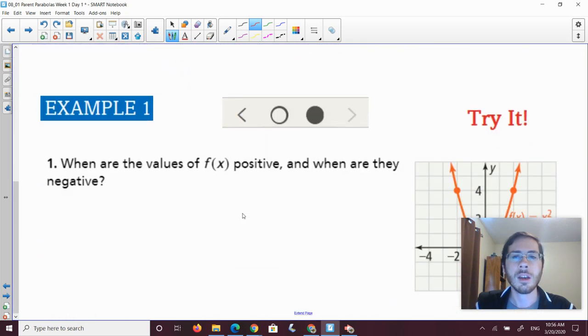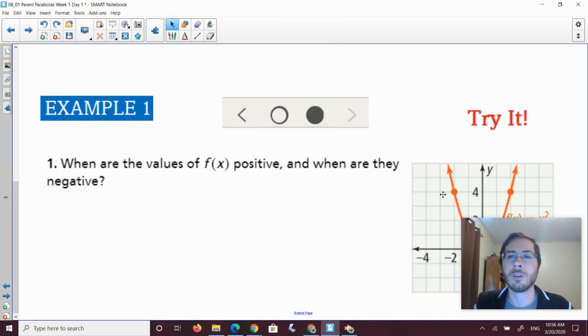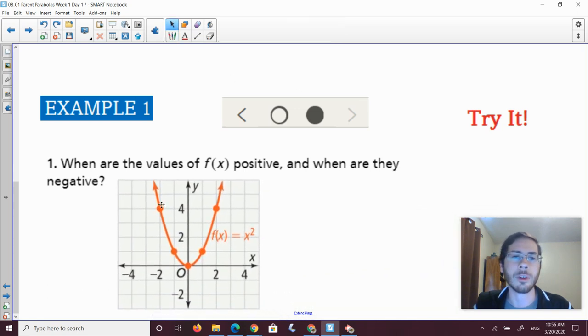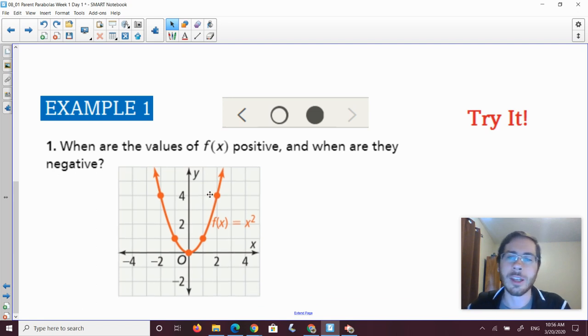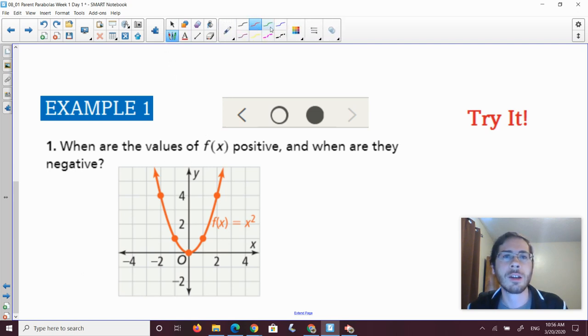Cool. So for the try-its, if you want to try it out, just pause the video and go for it, but I'm just going to give you the answer. It asks, when are the values of f of x positive and when are they negative? This is kind of a trick question because the values of f of x are positive everywhere except 0, 0, because everything else is above the x-axis.